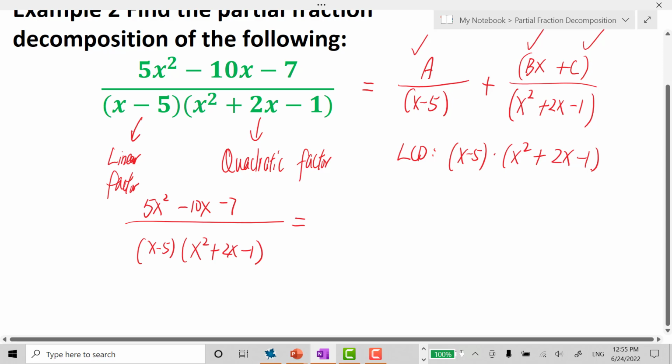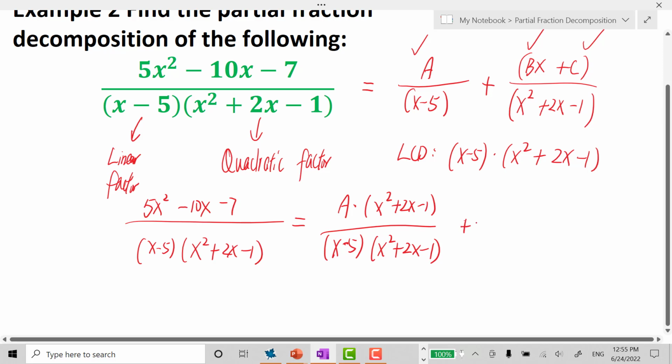For the first term, we multiply both top and bottom by the quadratic factor, x squared plus 2x minus 1. On the bottom, same thing, x minus 5 times x squared plus 2x minus 1.